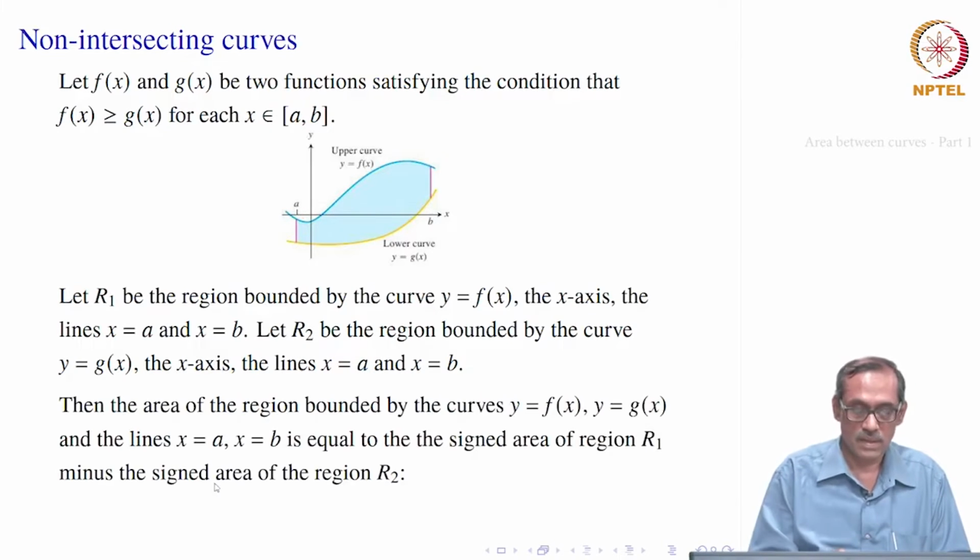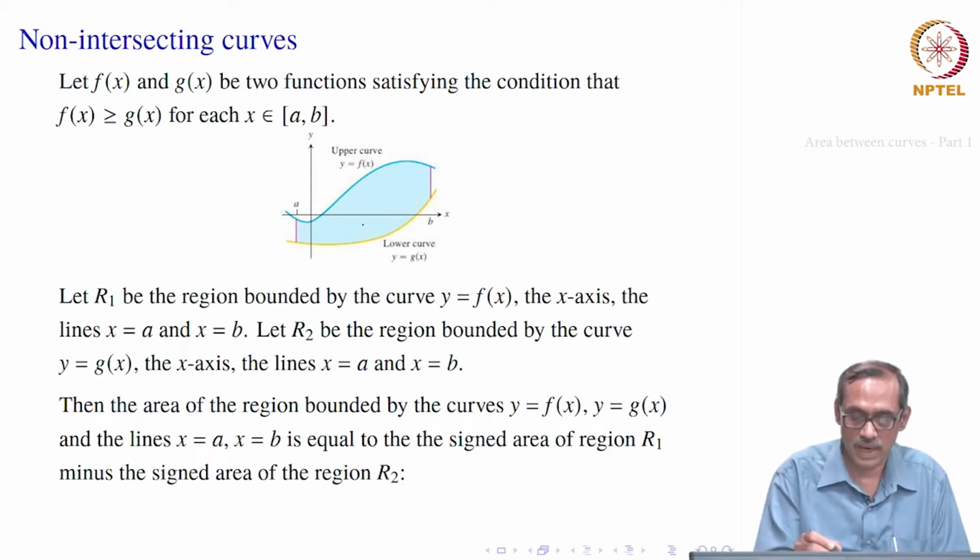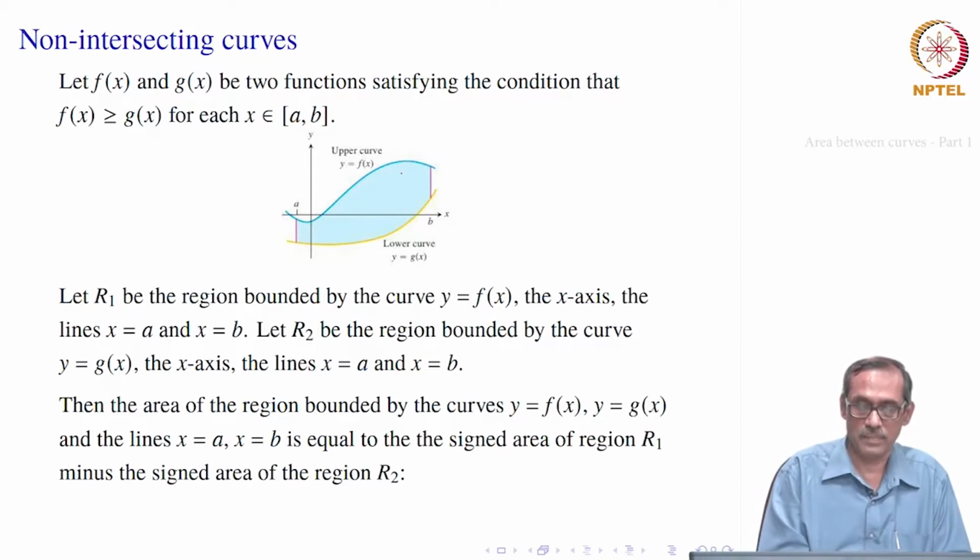Now, how to get the area of the region bounded by these two curves, on the left by x equal to a and on the right by x equal to b? You can see it is the signed areas: first you take it for f of x, then subtract the g of x and you would get that area, right.